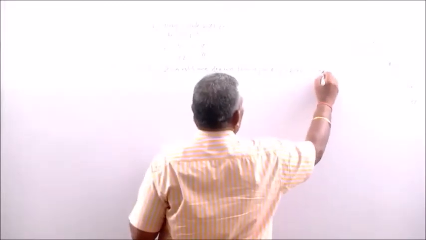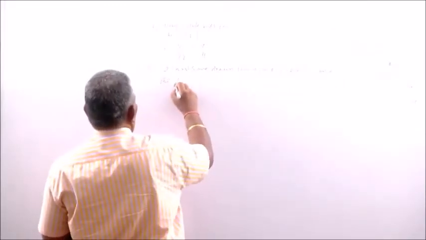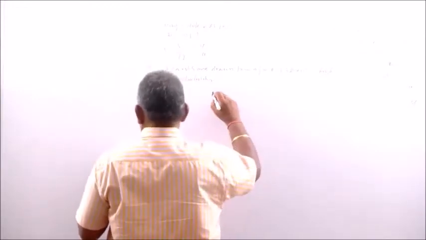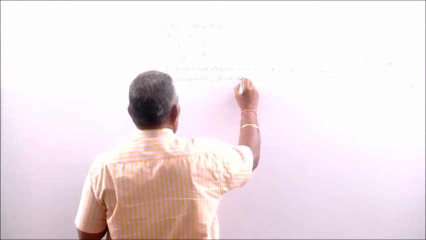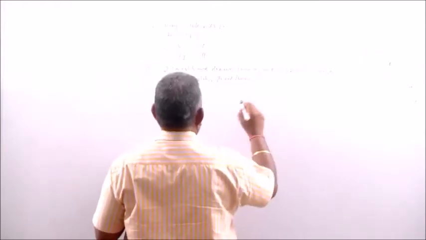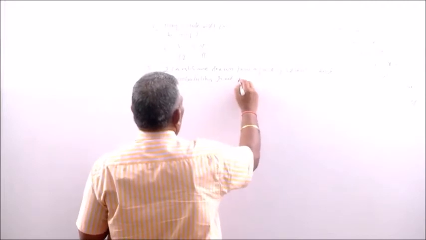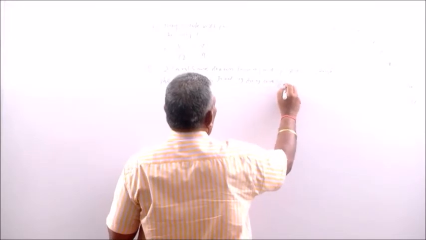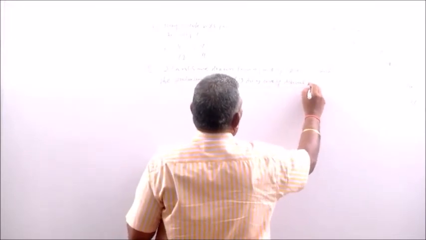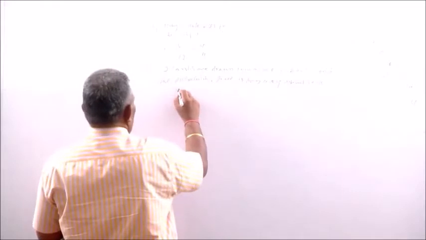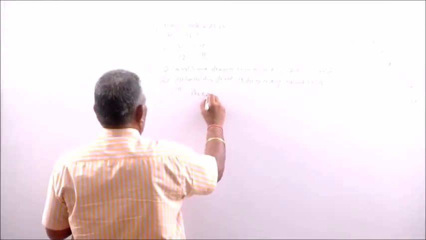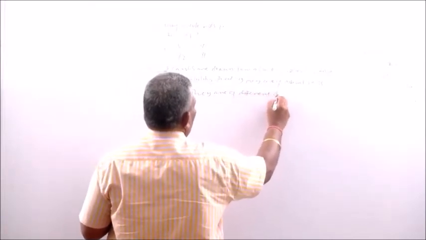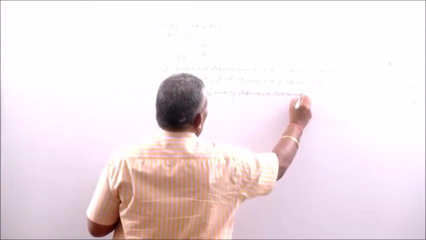Find the probability that, first, they are of different suits. Second, they are of different denominations.